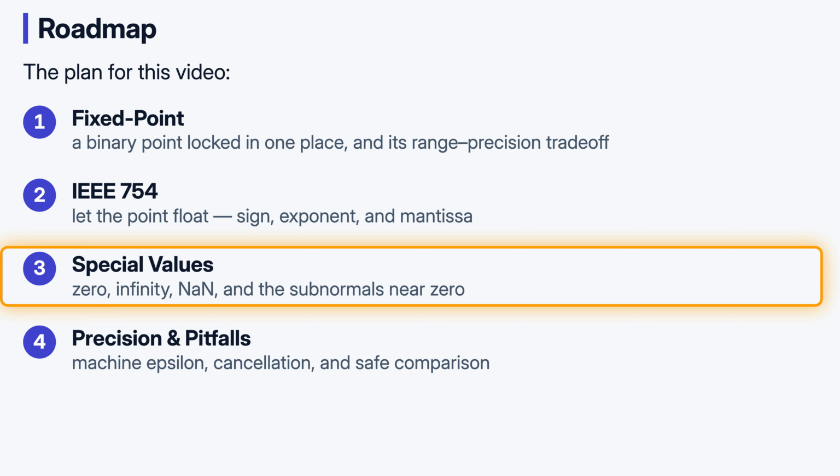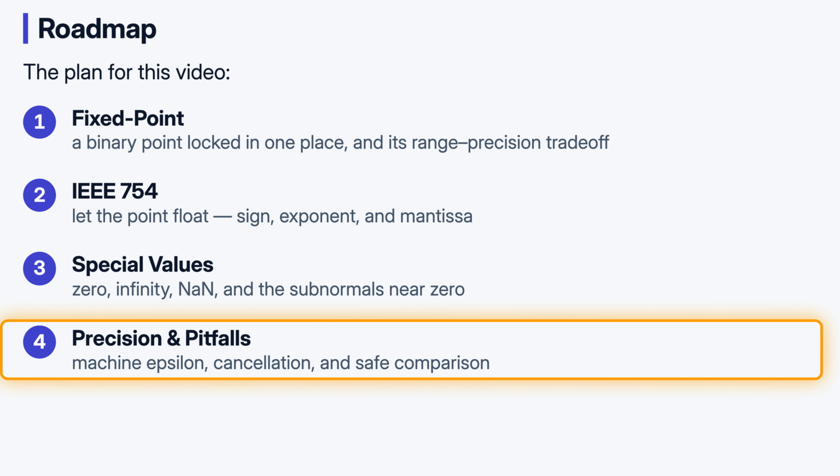Third, special values, how the standard encodes 0, infinity, not a number, and the tiny subnormal values that live just above 0. And fourth, precision and pitfalls, machine epsilon, catastrophic cancellation, and how to compare 2 floating point numbers safely.